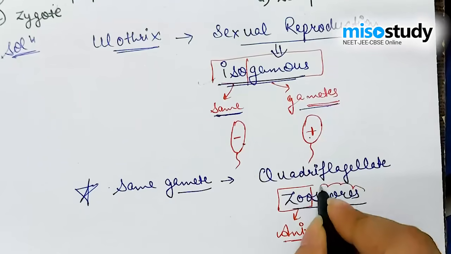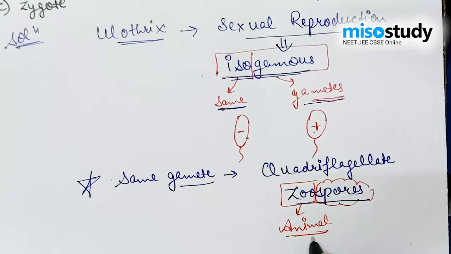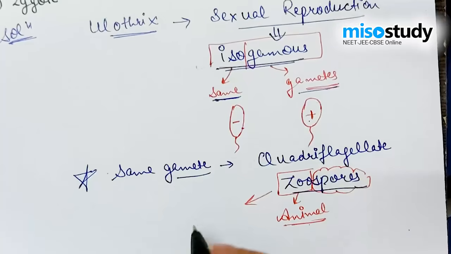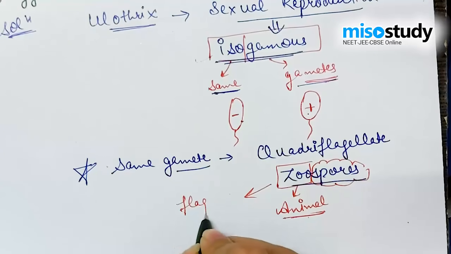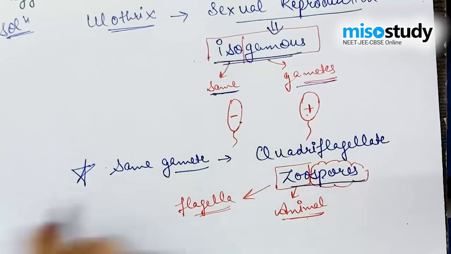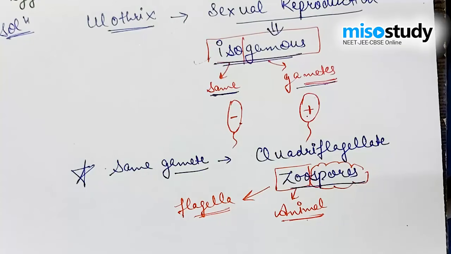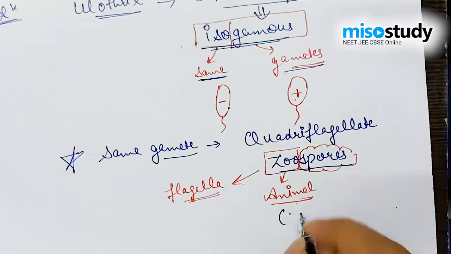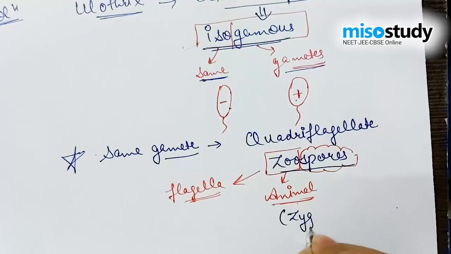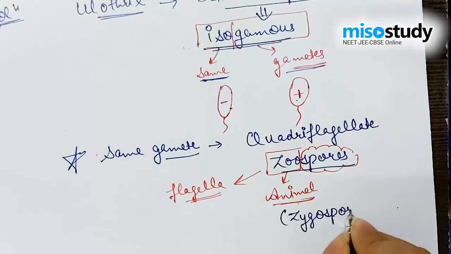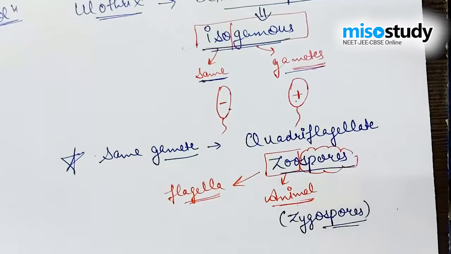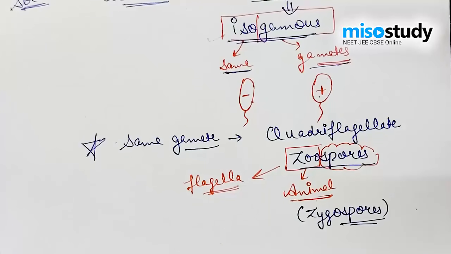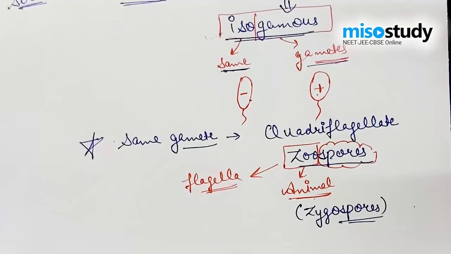Why do we name the spores zoospores? Because such spores have flagella for movement. Hence they are named zoospores, or also named zygospores.